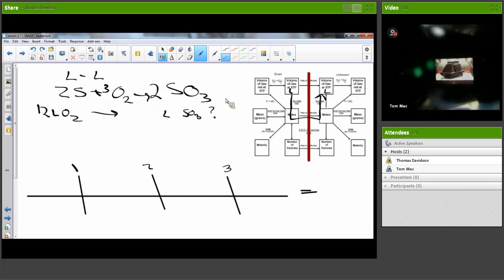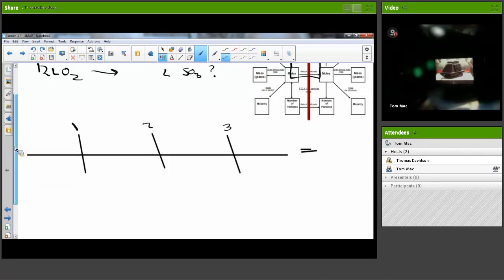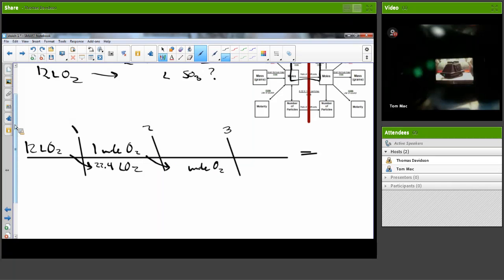Okay, here we go. We still do everything exactly the same. What's my starter? 12 liters of O2, so what has to go on the bottom? Liters of O2. What always goes in front of liters? 22.4. And liters is always per what? 1 mole of the same thing. If I have mole O2 on the top, I need mole O2 on the bottom. What was in front of mole O2?